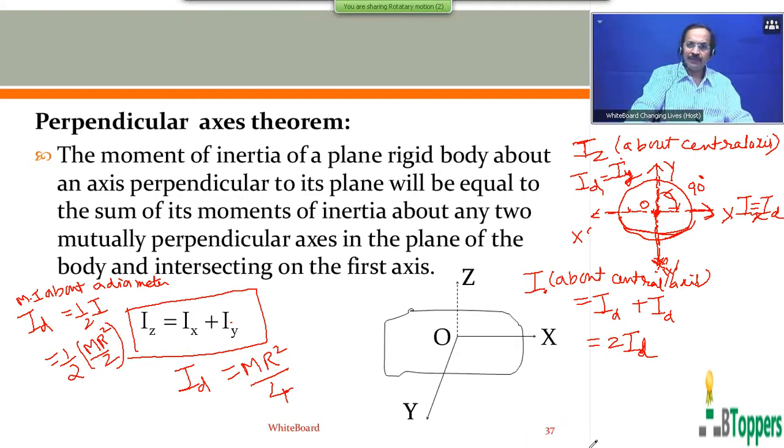In the same way, similar calculation can be applied for a thin uniform circular ring also.